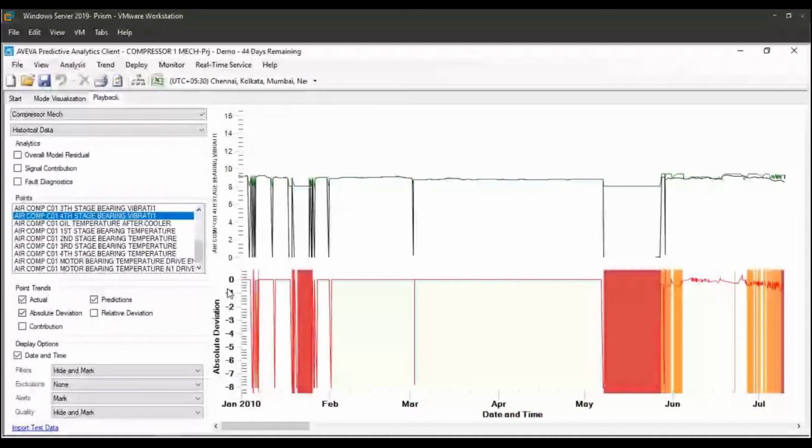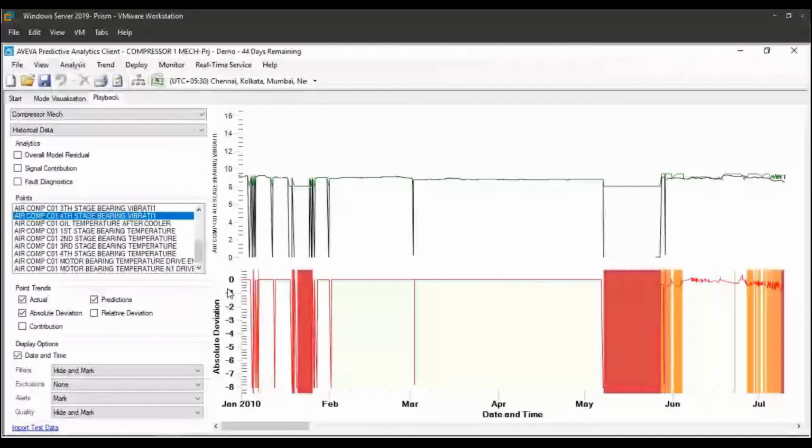Once the software knows the ideal condition, whenever a particular variable changes its value significantly from that ideal condition, that change we call a deviation, as in the current value of that variable has deviated from the normal, or the ideal state that we taught the software.